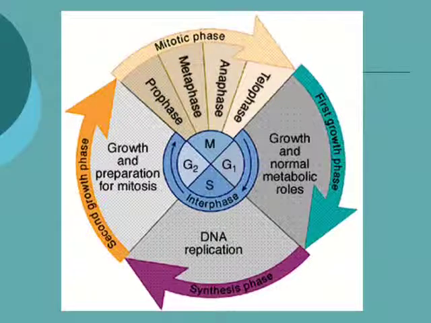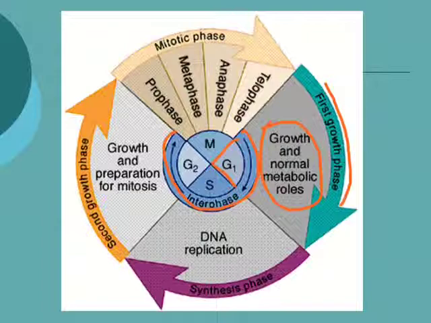Okay, we're going to start here on this section. Interphase is going to be G1, which stands for growth and normal metabolic roles. It's your first growth phase. After it goes through the first growth phase, then it has to replicate the DNA to start preparing for nuclear division.